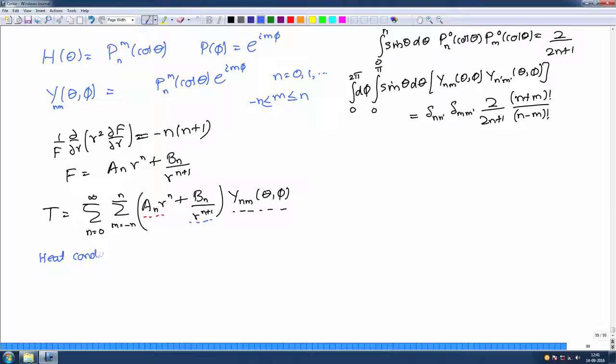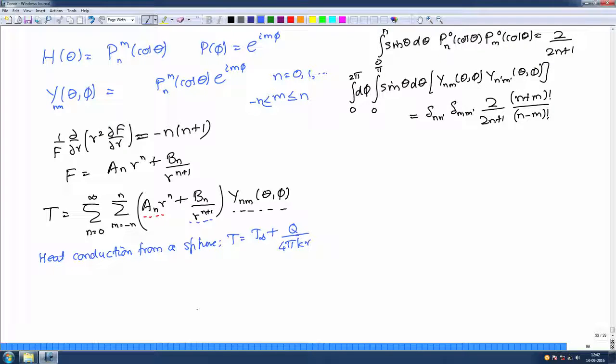If you recall, when we did the problem of the heat conduction from a sphere, T is equal to T infinity plus Q by 4 pi k r.